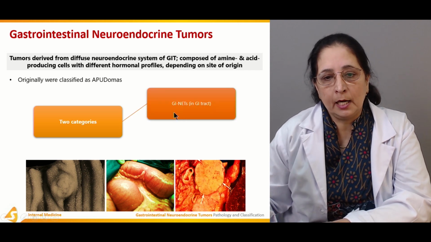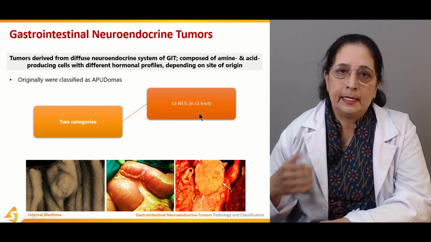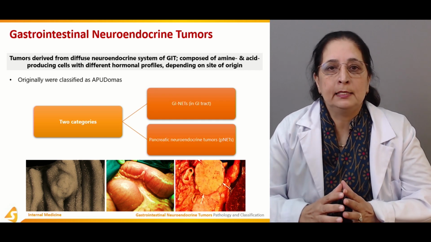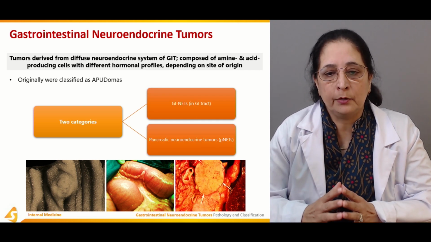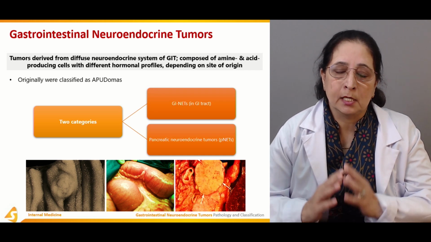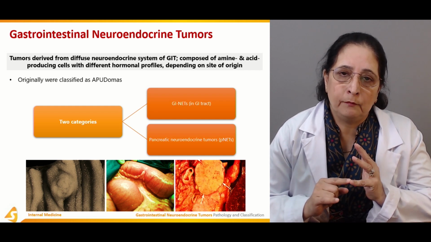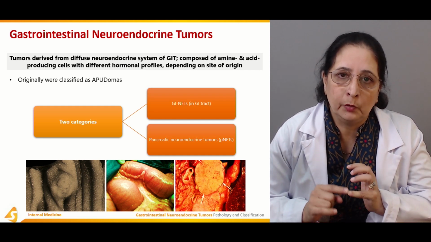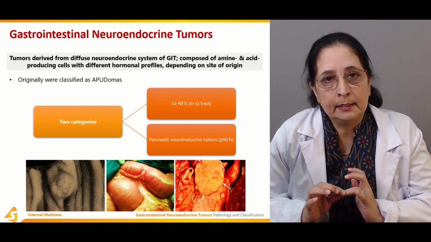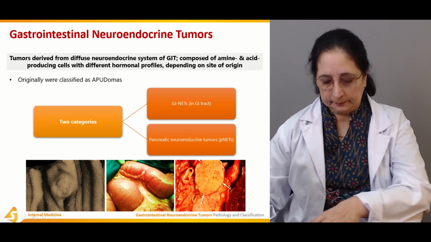One is GI neuroendocrine tumors, which are present in the gastrointestinal tract, and the other type is pancreatic neuroendocrine tumors, which are present in the pancreas. So there are two major categories.